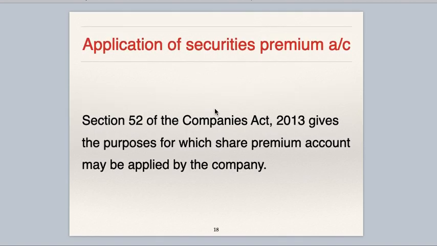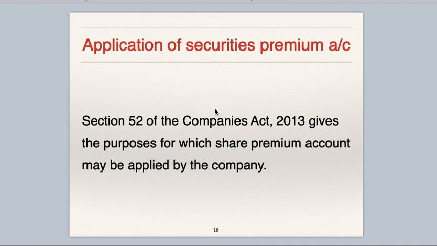Now, just now we have seen securities premium account is capital profit. If a company receives amount more, that is over and above face value, it is known as securities premium account. It is a capital profit of the company. How it is to be used, how it is to be applied, is given in section 52 of the Companies Act 2013.